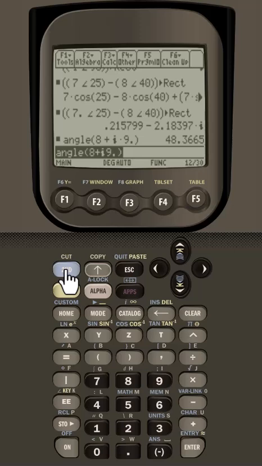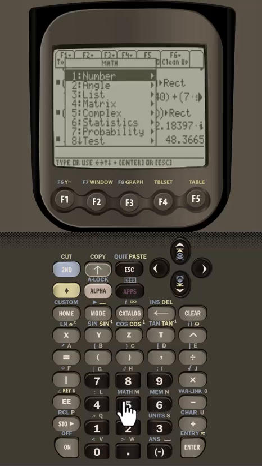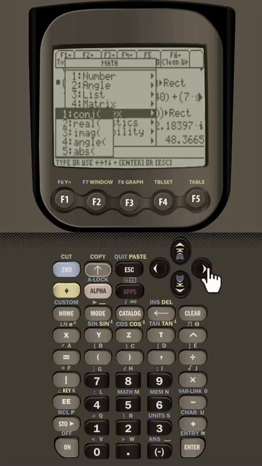So that was second math. Notice when I press second, a little second comes up there to let me know that's the mode that I'm in, second math complex. So also in the complex menu, I can get the imaginary part, the real part. I can get the absolute value, which is the same as the magnitude. So if I wanted the magnitude.